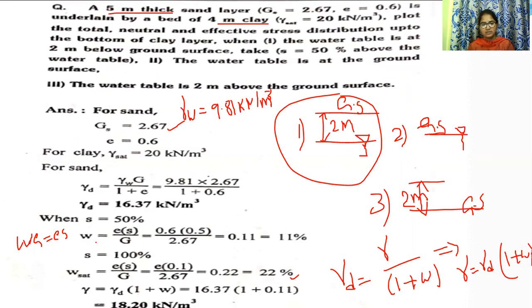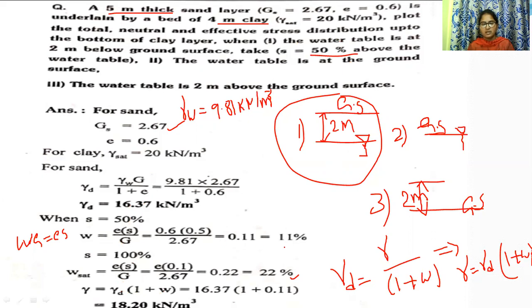Here we are substituting w. Gamma D is equal to G gamma W by 1 plus e, but here the w value we take with S equal to 50% only. This is the first condition, that's why we substitute S equal to 50%.